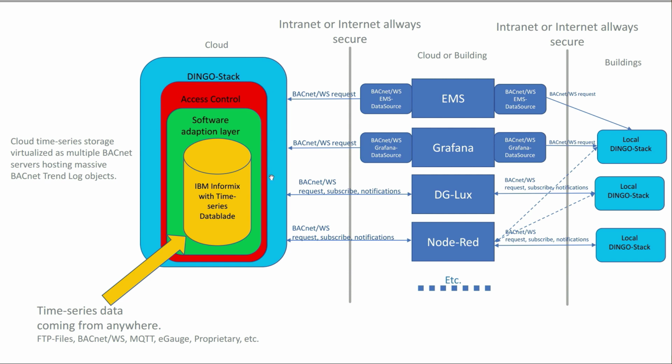Why DINGO-Stack? Because we want to access the data in the Informix database with the BACnet web service interface, just like we do with any buildings shown on the right side.